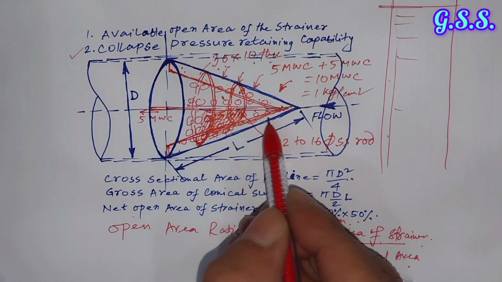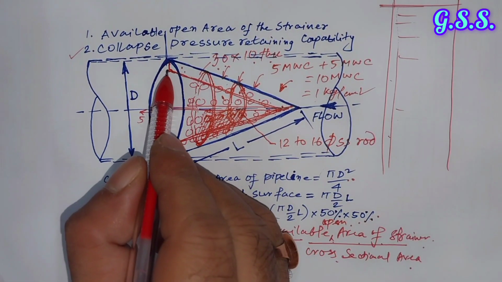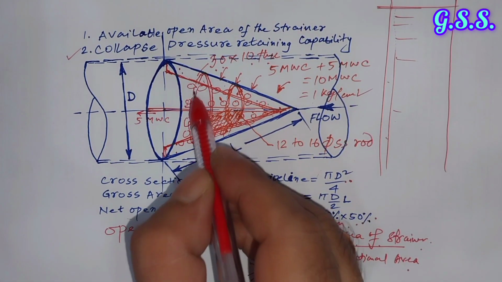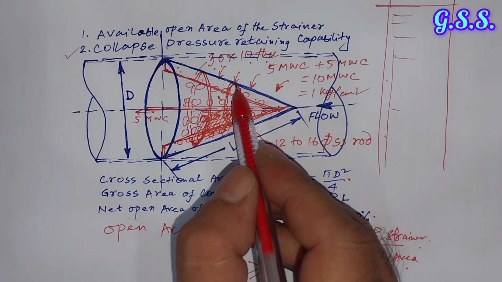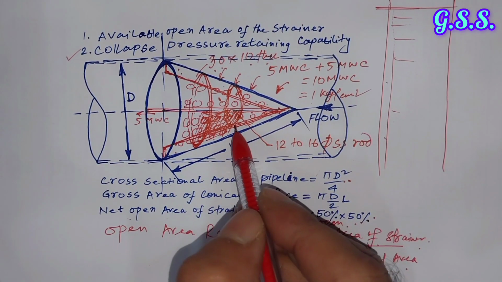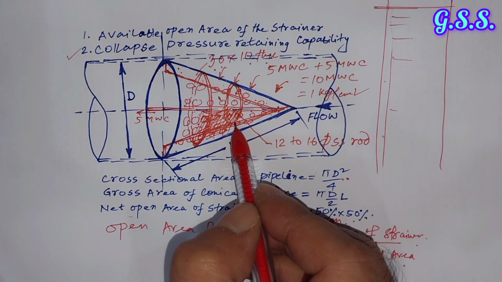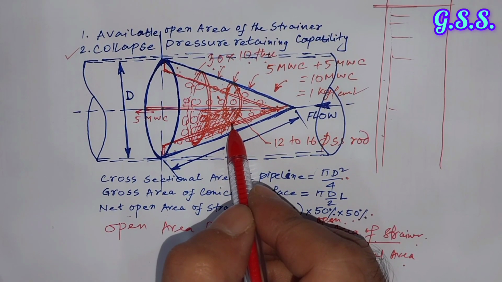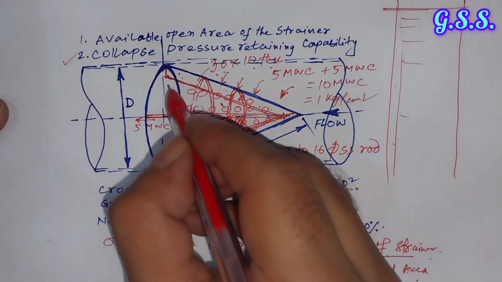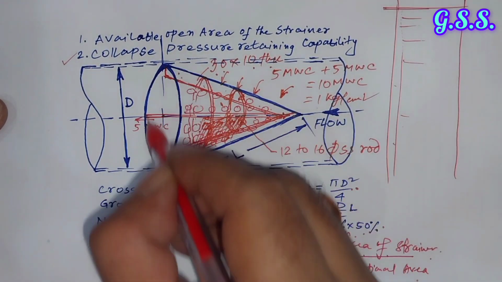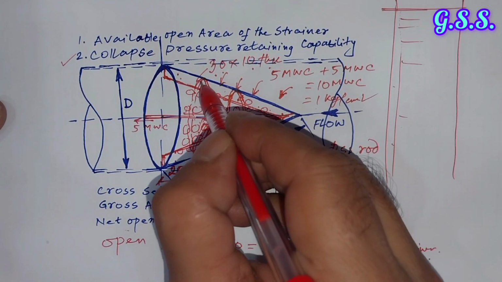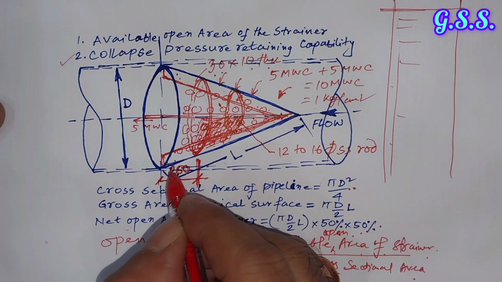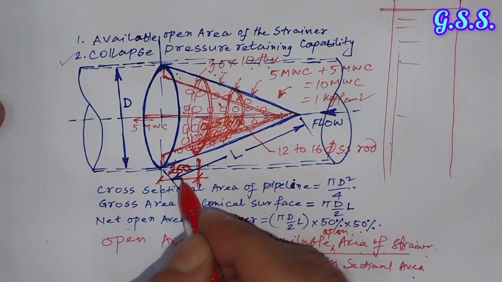So these 4 stiffener flats are welded inside the SS perforated sheet, and 1 or 2 stiffener rings are welded over the perforated sheet to prevent the collapsing of the strainer. And since this side diameter is more, this first stiffener ring should be provided at a distance of about 250 millimeter.